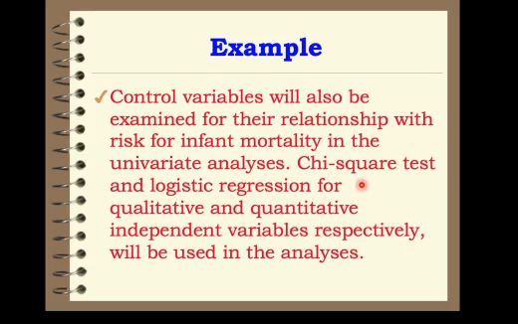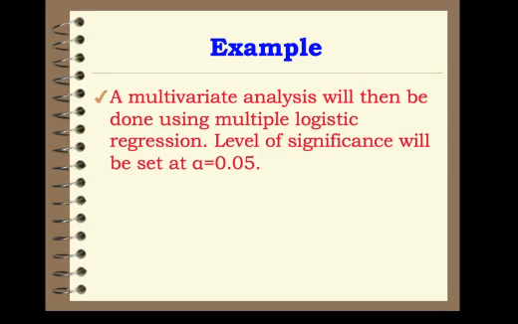So if the independent variable is qualitative, we use chi-square test, but if the independent variable is quantitative, in the univariate analysis we use logistic regression. And then a multivariate analysis will be done using multiple logistic regression. Level of significance will be set at alpha equals 0.05. So that's how the statistical test is written.